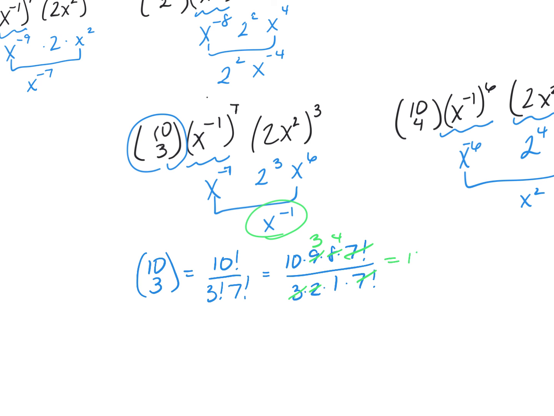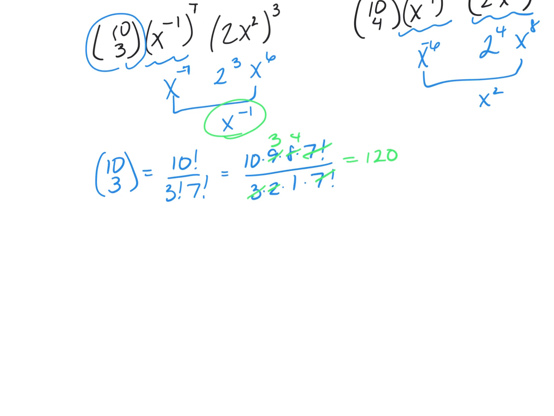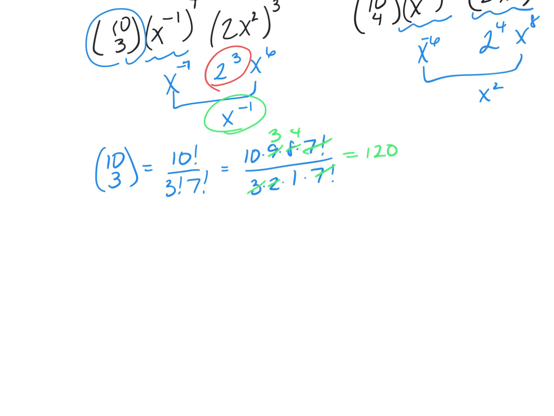So this is 120. This is the coefficient multiplier. I still need to do 2 to the third, multiplied by 120, multiplied by x raised to the negative 1. So I have 8 multiplied by 120, so 960x raised to the negative 1. So if they wanted the term where I had x raised to the negative 1, I found it.